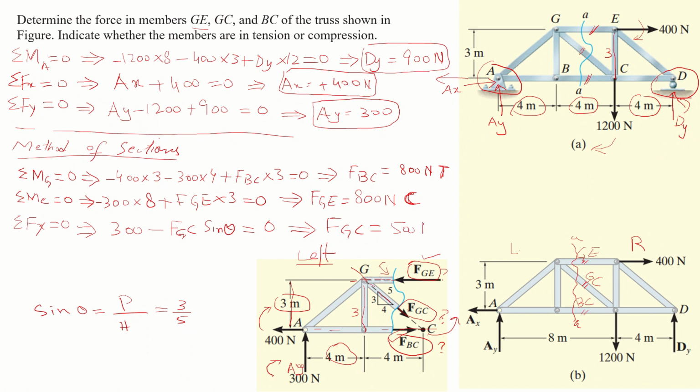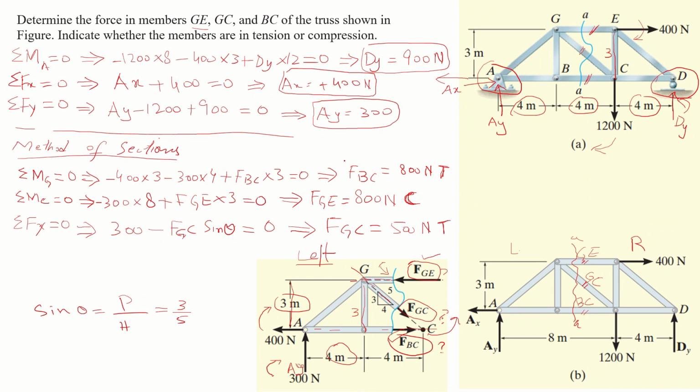500 Newton, and you can see that FGC is pointing away from point G. This is pointing away, so it will be a tensile force. So we place a T for tensile force.